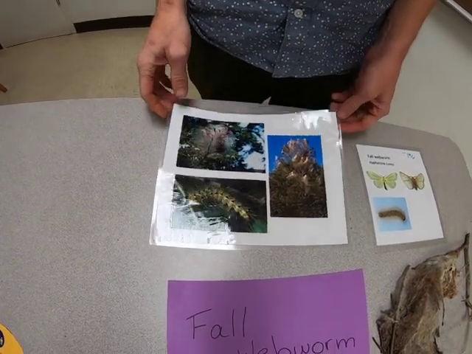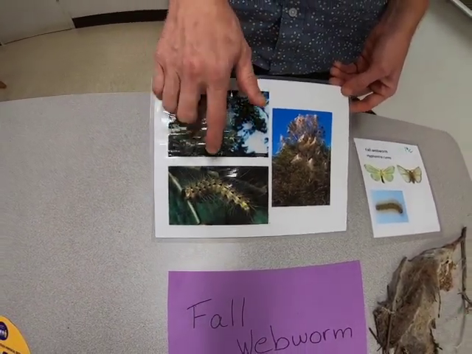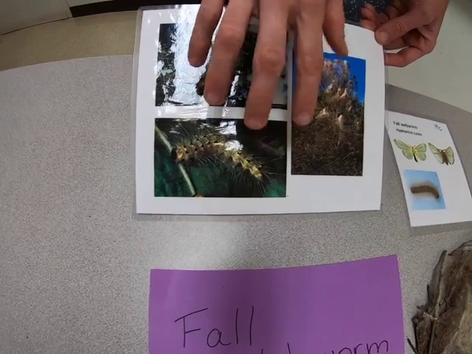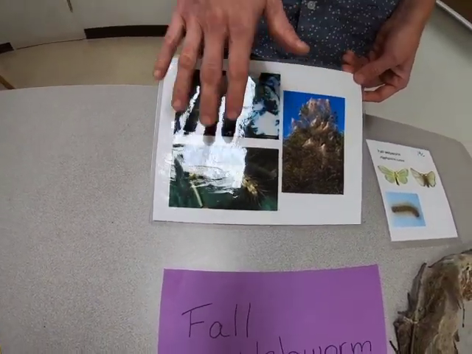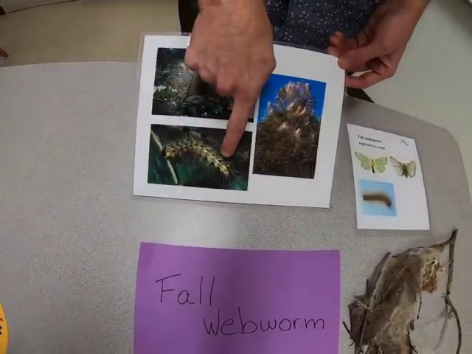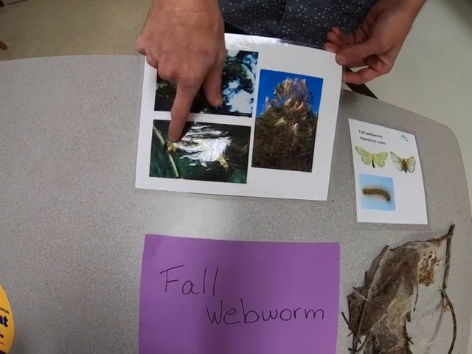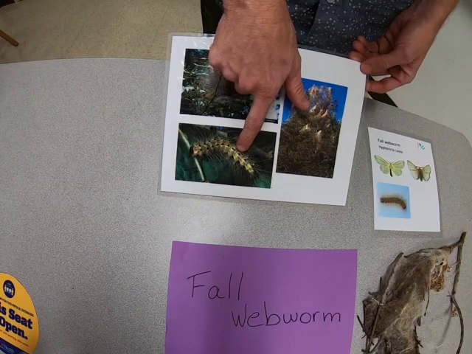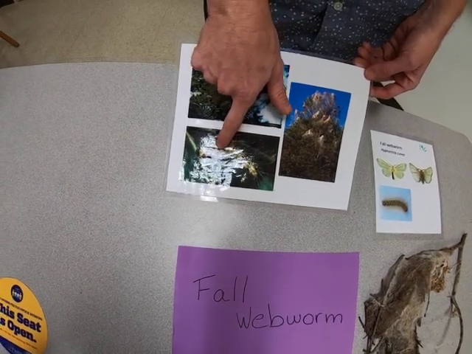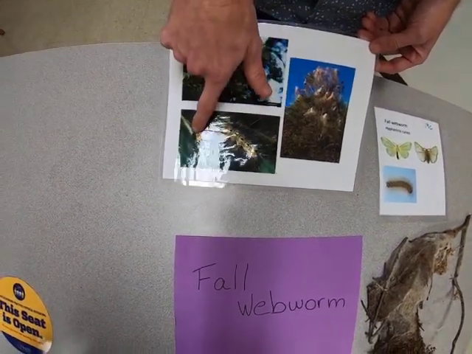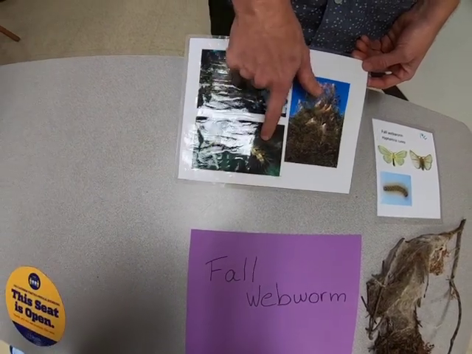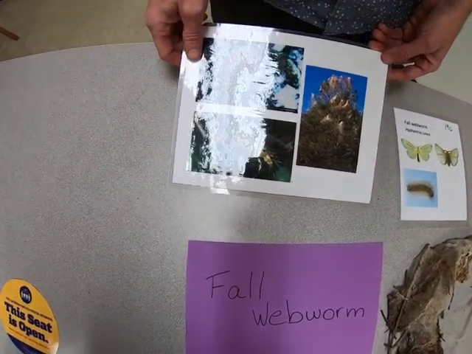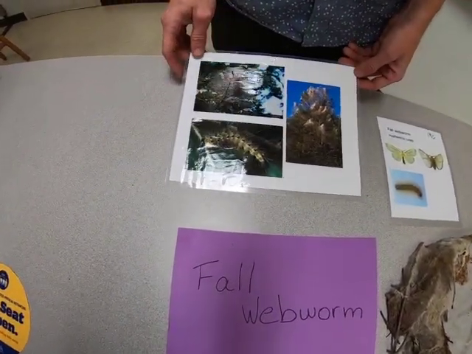Lots of different hosts. So what you're going to look for, if you're looking at the actual insect itself, you'll see the caterpillars that are this yellowish tan color with two lines of black dots along the back, and they have a black head and long hairs or setae along the body.